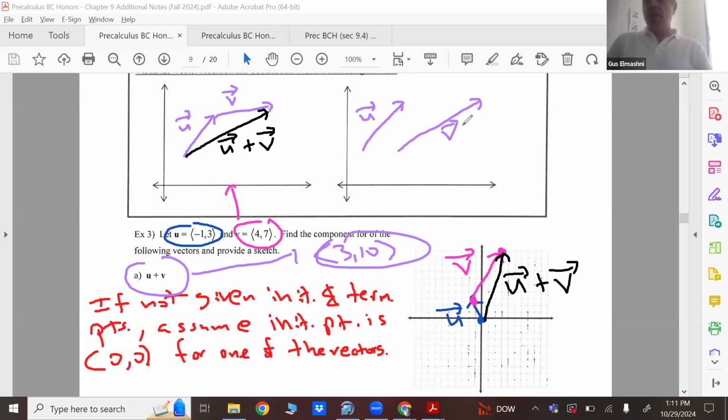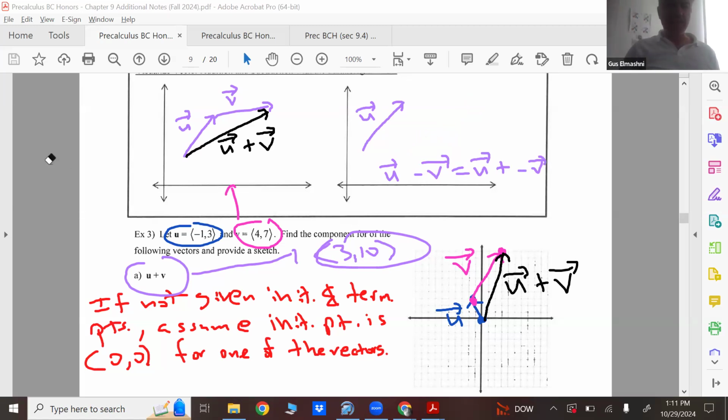If you're subtracting vectors, this is a little tricky, guys. It's the same thing as saying u plus negative v. You're multiplying v by negative 1. So if that's vector v, it's going this way. What would the negative be? Flipped. Yes, exactly. I have to rotate that.